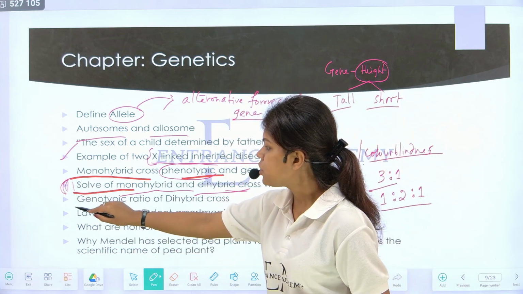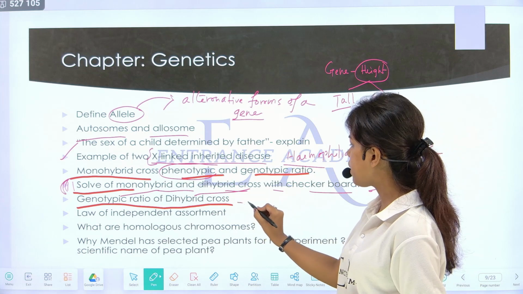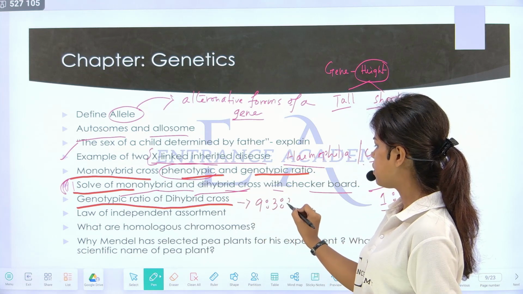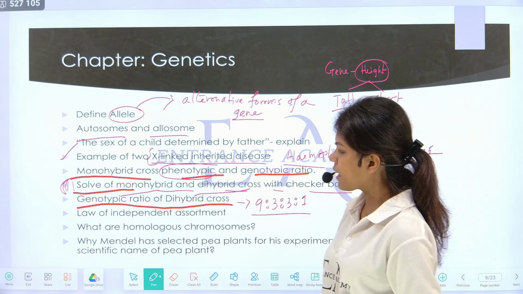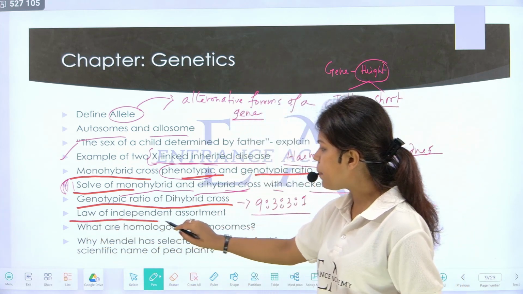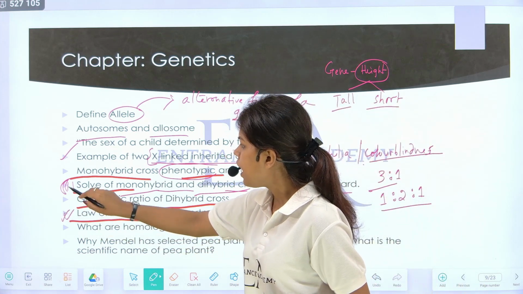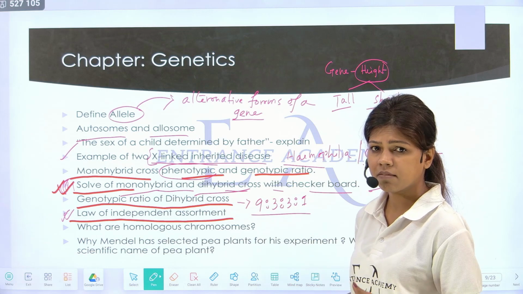Next, phenotypic ratio of dihybrid cross, and the ratio of dihybrid cross is 9:3:3:1. Next, law of independent assortment. Generally, this law of independent assortment and the solving of the cross come together as a unit.